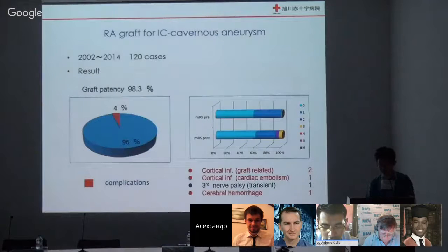In my experience of over 100 cases, we get graft patency around 98% and a complication rate of 4%. This surgery is not so invasive, and not dangerous if you perform the bypass safely.